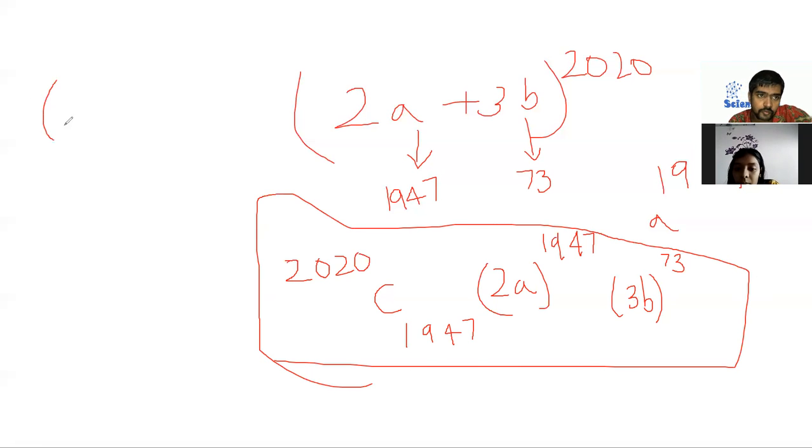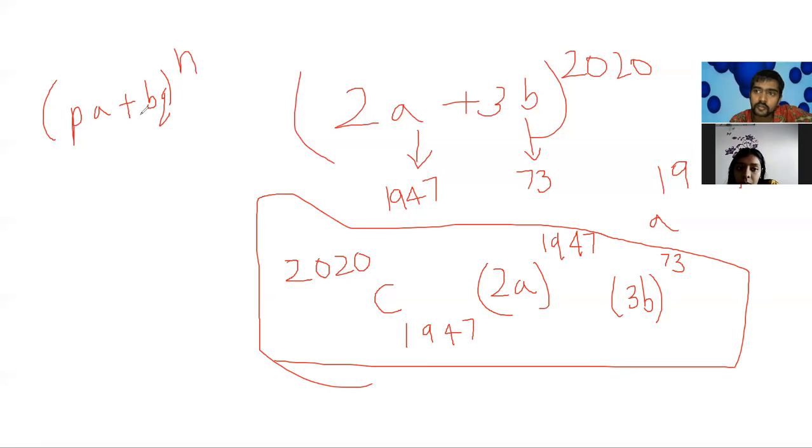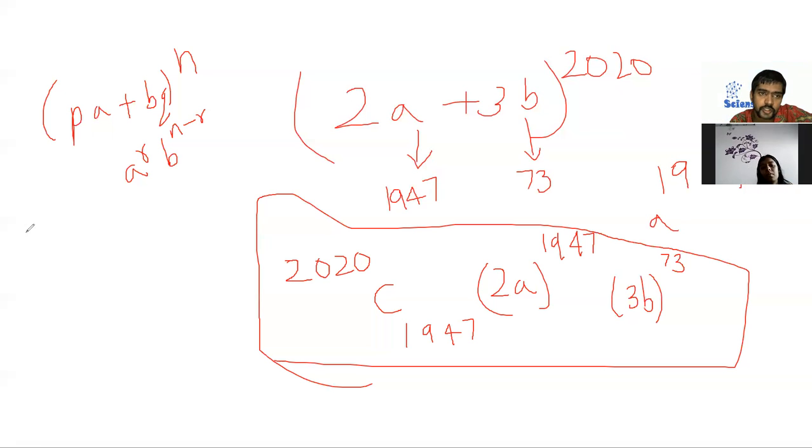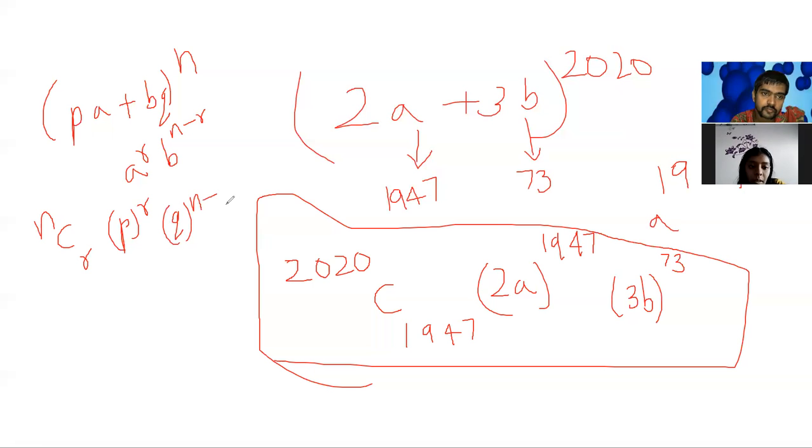So if I have (pa plus bq) whole power n, and I want a power r into b power n minus r, what will be the coefficient? I have to choose r from n baskets. Then I'll get p power r, q power n minus r.